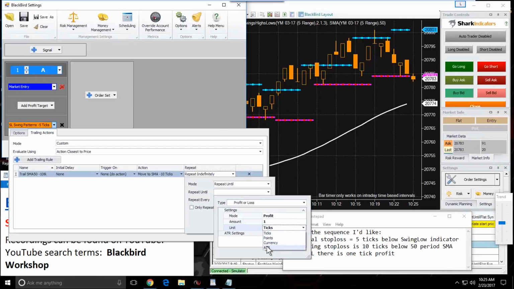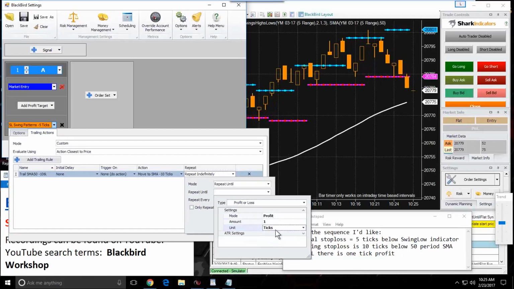You can see that there is an actual ATR unit there. If we were using ATR for a unit, then you might want to adjust the ATR period that you're using. But we're not, so we'll just leave it on ticks. So there we go. One tick of profit.